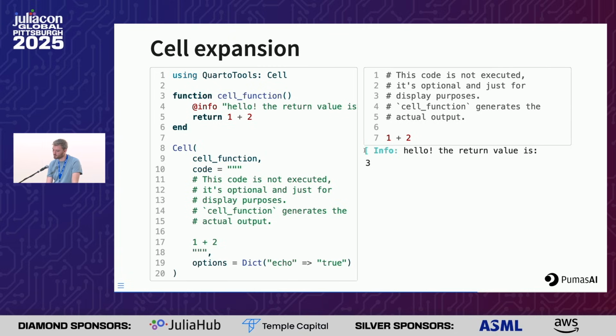It captures the standard out or standard error, and it takes the value that is returned and renders that. This tree looks not very exciting, but imagine this function returns some kind of plot. Then it's really nice that it goes automatically through the MIME type display system, right?